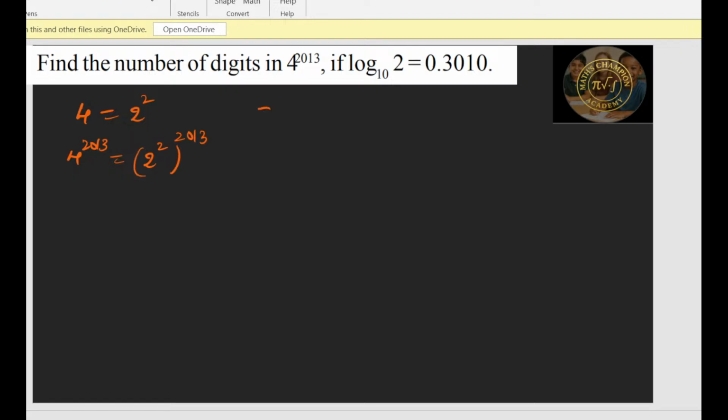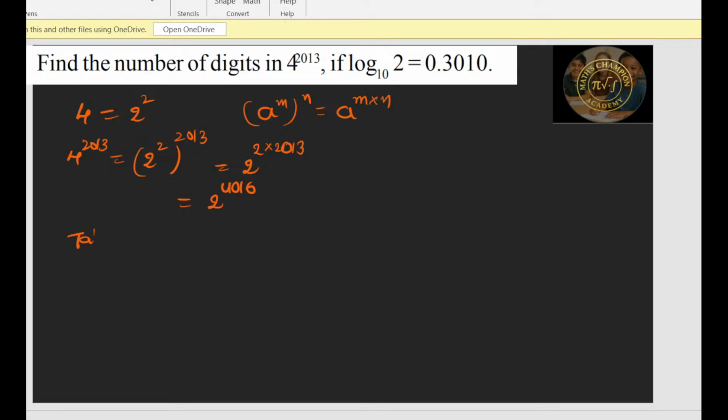We already know a power m whole power n means a power m into n. So we are getting 2 power 2 into 2013, that is 2 power 4026.